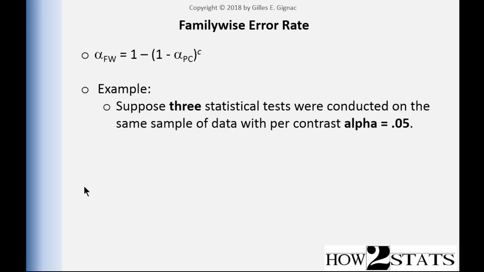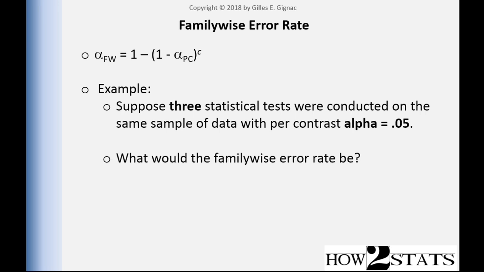So here's an example. Suppose 3 statistical tests were conducted on the same sample of data, and the researcher specified per contrast alpha at 0.05. So for any given analysis, the chances of rejecting the null hypothesis when you shouldn't is a maximum of 5%. But what would the family-wise error rate be for that collection of 3 statistical tests?